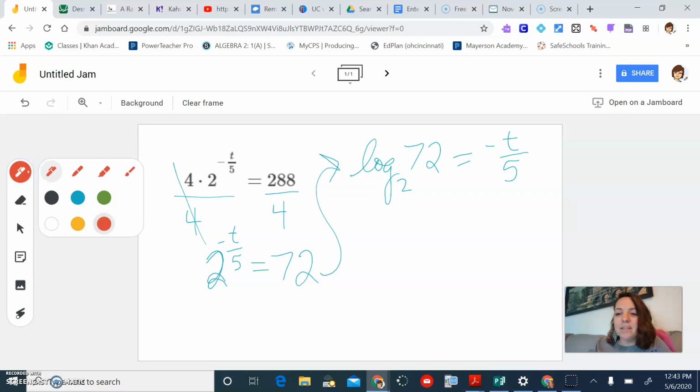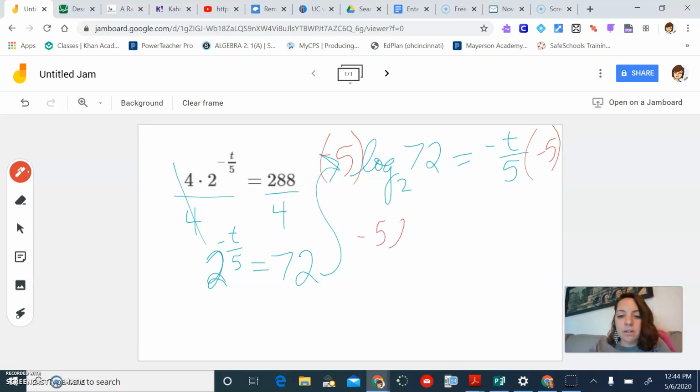And then we're going to get t by itself. So it's being multiplied by -1 and divided by 5. So I'm just going to multiply both sides by -5 to get rid of both of those at one time. So I've got -5 times the log base 2 of 72 equals positive t.